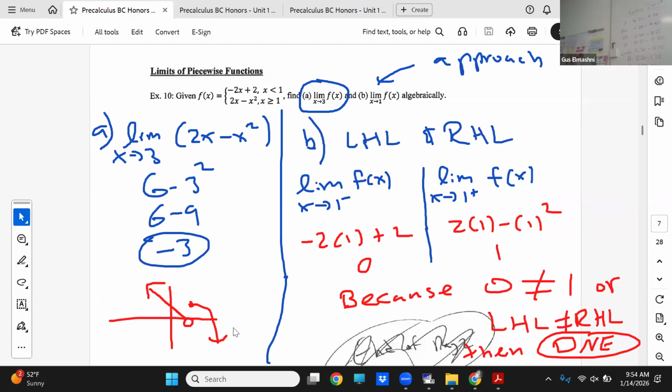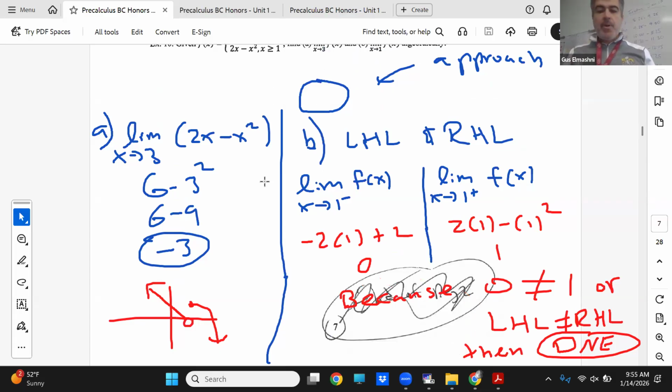Just see what happens if I plug in 3. But here, because there's a possibility they could link or not link, we have to look at both sides. That's how you tell by the boundary. That's where weird stuff happens, because of how you defined the piecewise function.